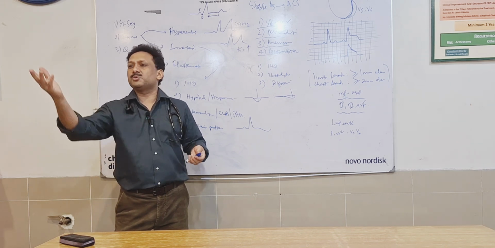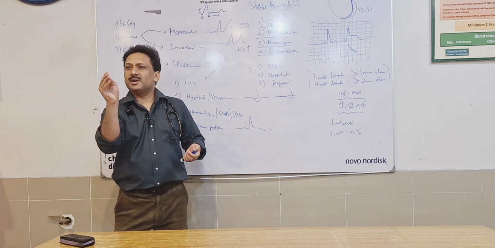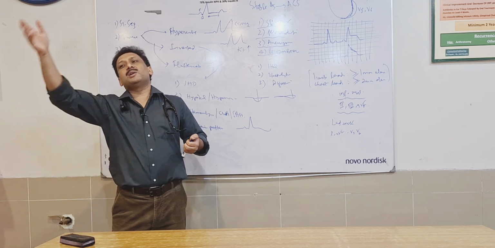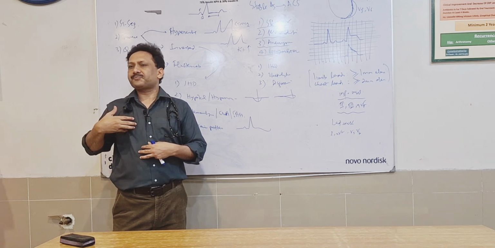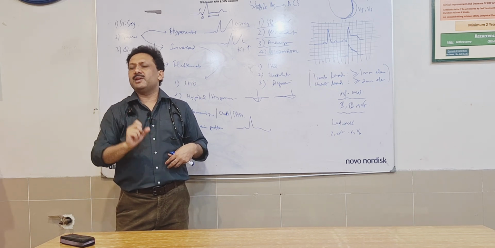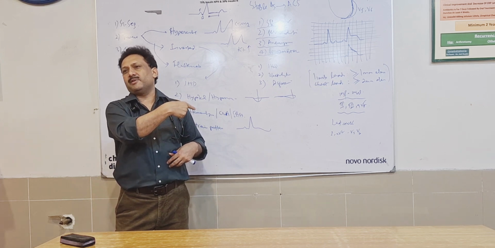V1, V2 represent the right ventricle, or if we get a right-sided ECG, then the leads RV3, RV4, RV5 would be representing the right wall. So those leads will be showing this kind of asymmetric T wave inversion.